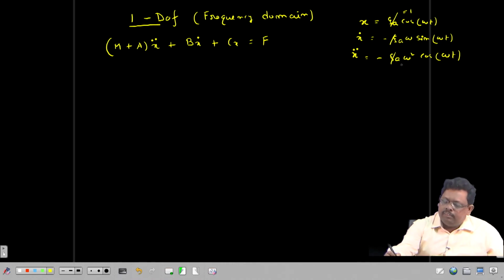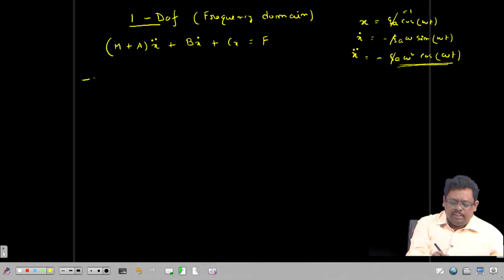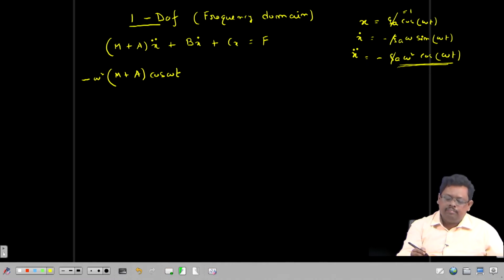This is for my acceleration, so definitely the first term is minus omega square into (m plus a) into cos omega t, and here if I substitute x dot it is minus omega.